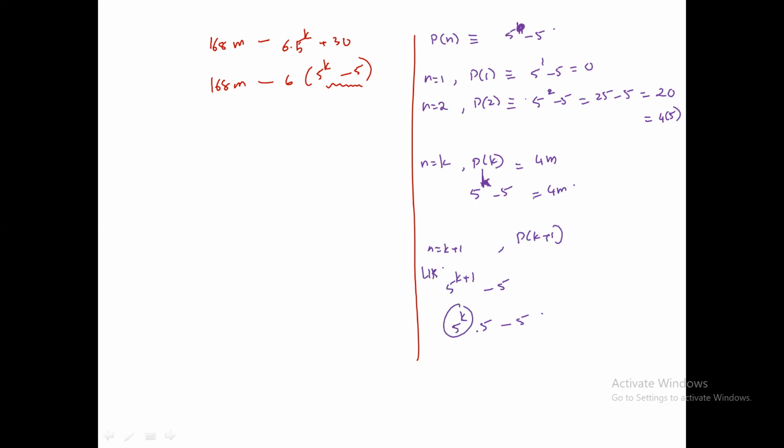Instead of 5 power k, I can use this. 4m plus 5 into 5 minus 5. 20m plus 25 minus 5. 20m plus 20. 4 into 5m plus 5. So this is multiple of 4.